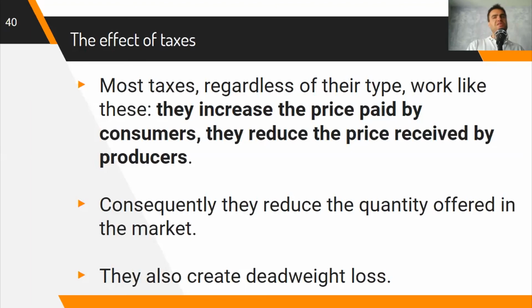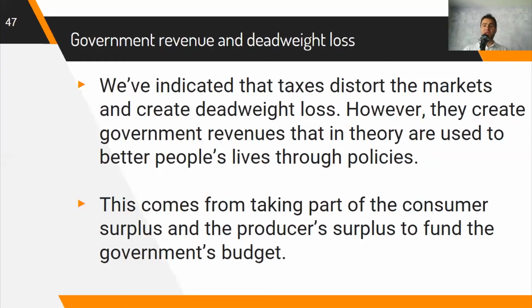I'm not sure if later today, but definitely, if not, at the beginning of next class. But remember that the government tends to do a lot of things with taxes, so it's important that they generate budget. We've discussed that they can do infrastructure projects, they can pay for social programs, they can do a bunch of things.